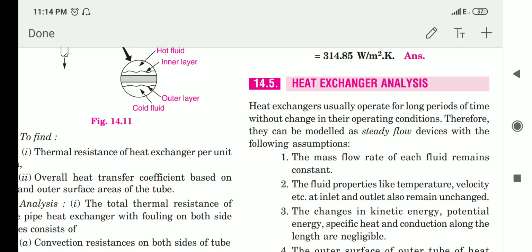Sizing, in the sense of design calculations: if we are designing a heat exchanger for serving a purpose of heat exchange, we need to fix the dimensions of the heat exchanger, like the diameter, area, length, number of tubes, etc. These are called the sizing calculations, and the LMTD method is very much utilized for these calculations.